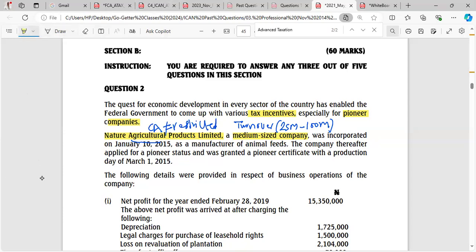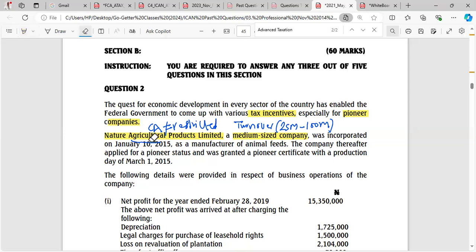One of the capital allowance rules is that if you are an agricultural company or manufacturing company, the capital allowances are not restricted. There is a rule in capital allowance that you must use 2/3 of your assessable profit to relieve capital allowance. But when it is agriculture or manufacture, these restrictions don't apply to them.